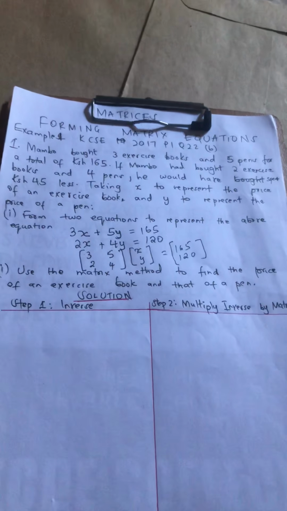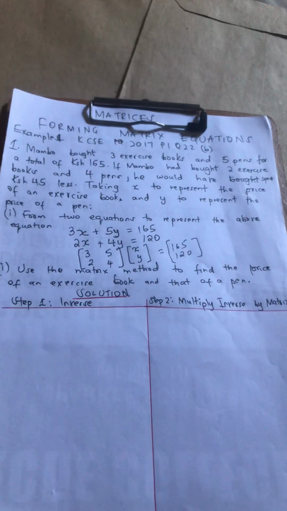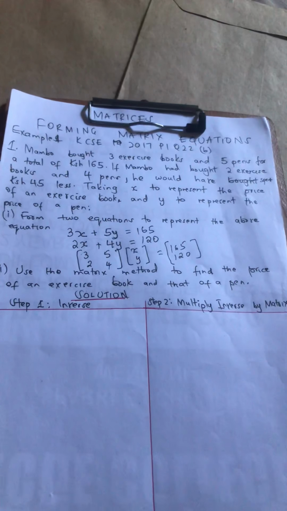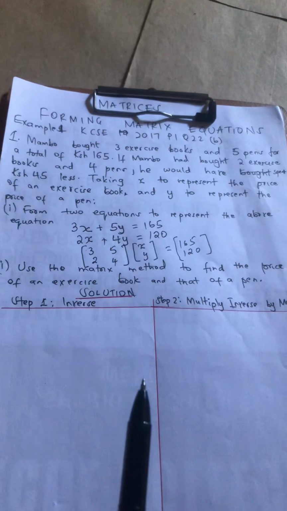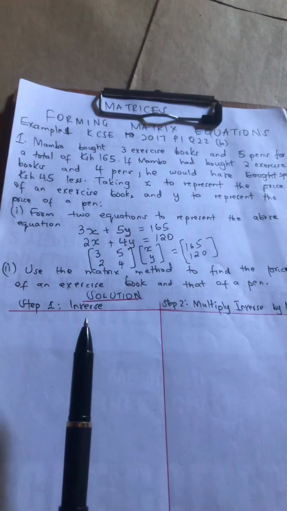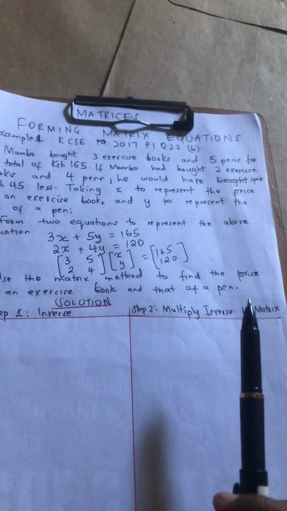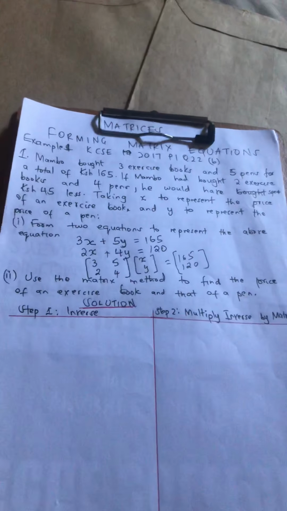So, dear student, I have summarized solving simultaneous equations by use of the matrix method into two steps. Step 1, calculate the inverse. Step 2, multiply the inverse by the matrix.